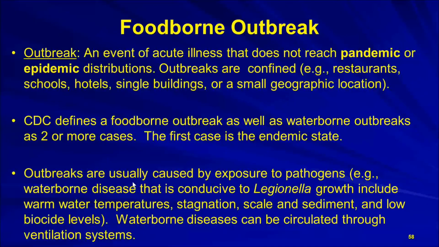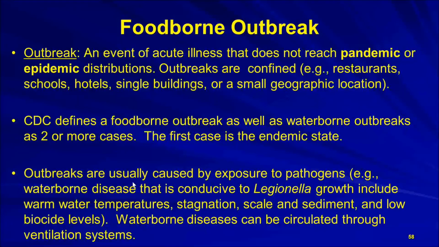And the first case is the endemic state. Endemic is the baseline state that could be high or low, but generally it's low, and it's constant over time, usually caused by exposure to pathogens, and it can have to do with a waterborne disease.